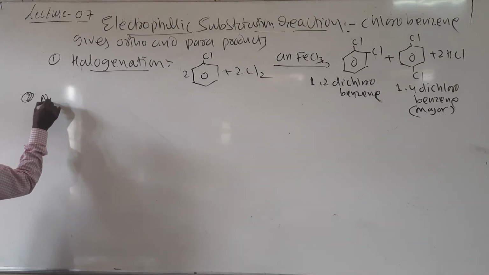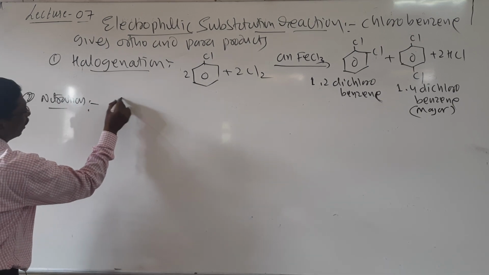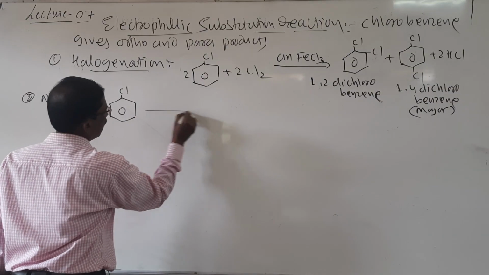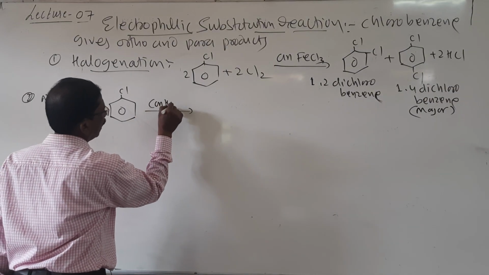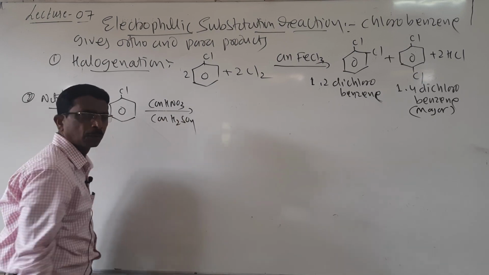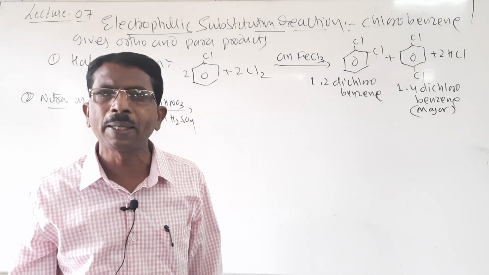Look here, students, when chlorobenzene is heated with concentrated HNO3 and concentrated H2SO4, the mixture of concentrated H2SO4 and HNO3 is called a nitrating mixture.